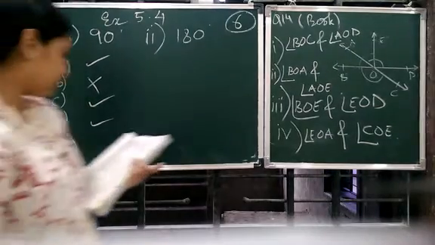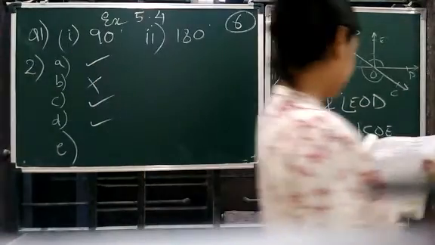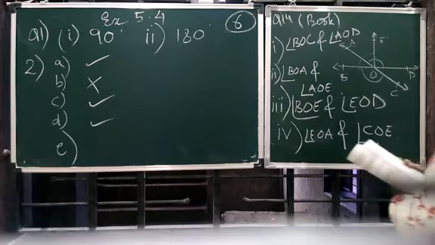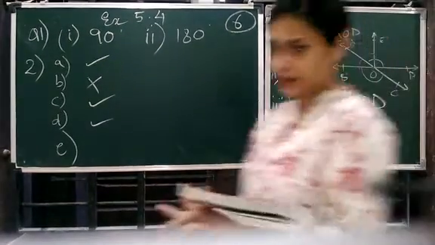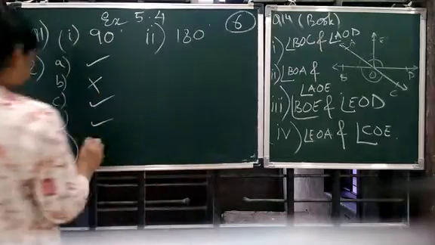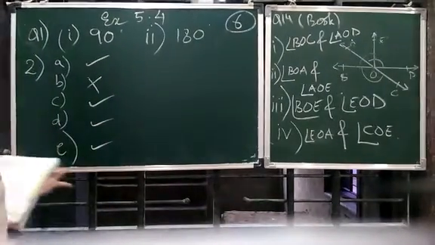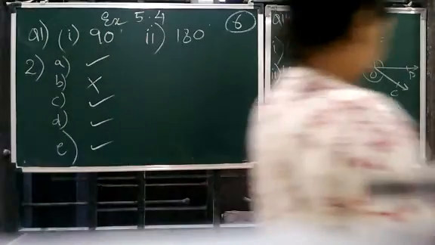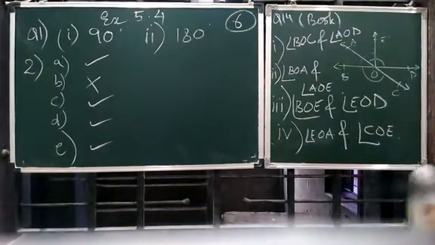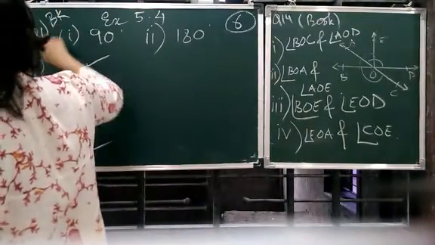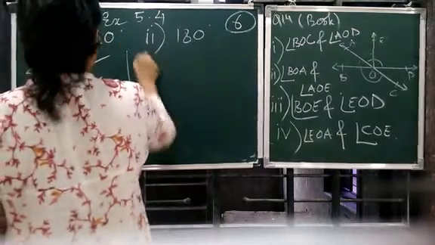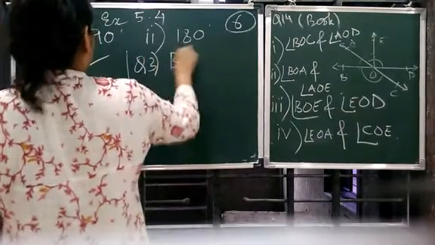If angle A measures 53 and angle B measures 35, then angle A is greater than angle B. Yes, because 53 is greater than 35. So true. Then question number 1 in book, 2 in book, 3 also in book. Okay?